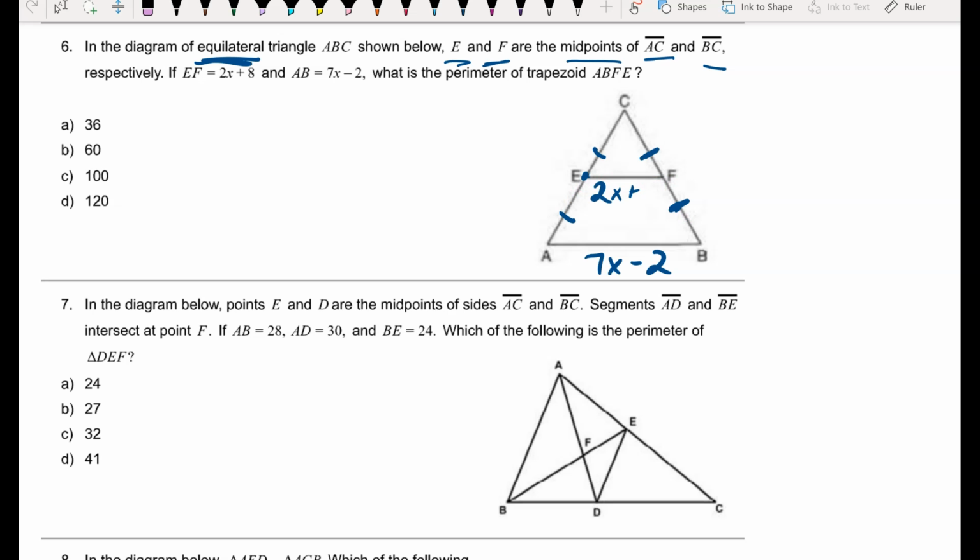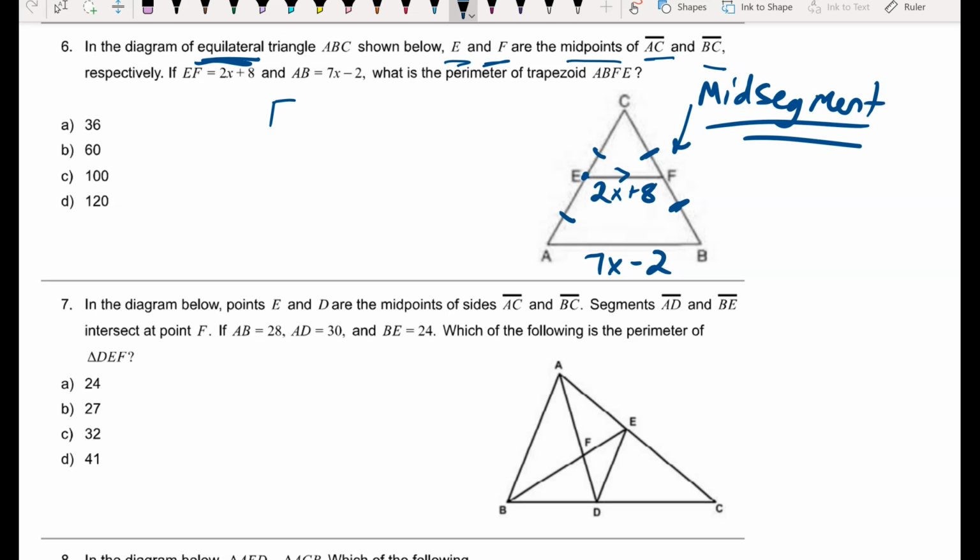Recall that if two midpoints of a triangle are connected, it forms what's called a midsegment, and there's two properties of a midsegment we need to know here. One of them is that it's parallel to the side that it doesn't touch, but the more important one is that it is half the length of the side it doesn't touch.